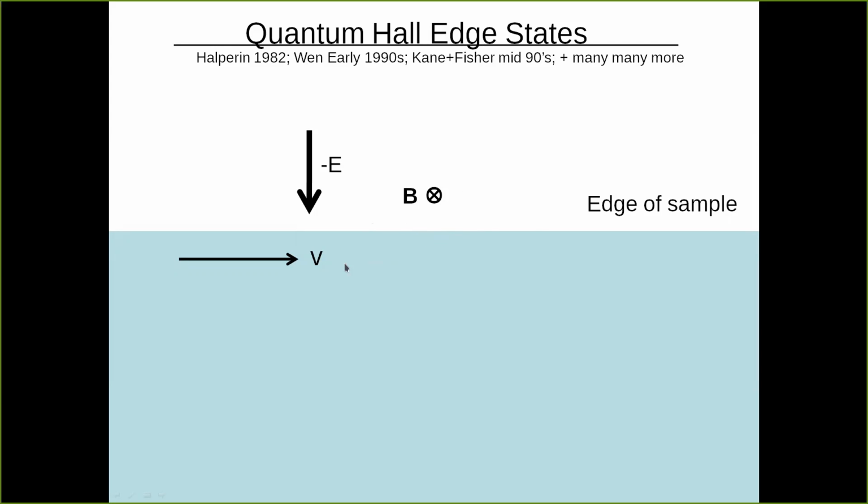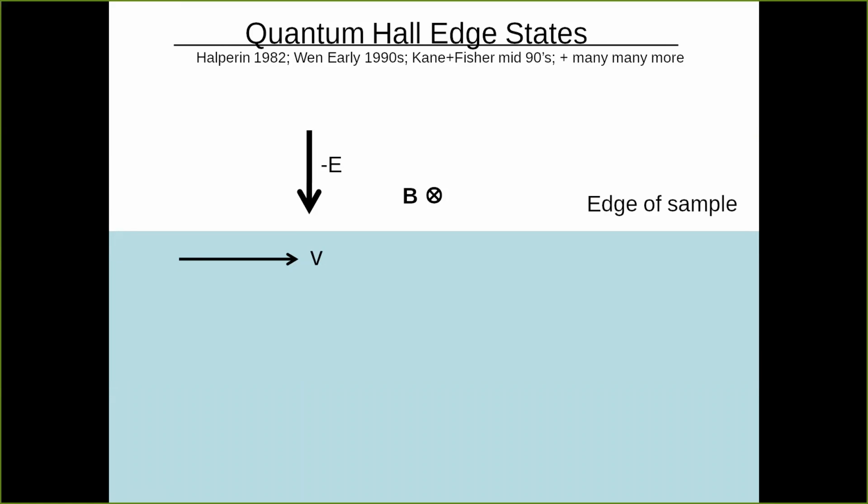It's a 2-dimensional sample, with the magnetic field perpendicular to the plane of the sample. We know that there's an electric field at the edge of the sample, because if there weren't an electric field, the electrons on the edge of the sample would leak out, and they don't. So there's an electric field that's holding the electrons in.